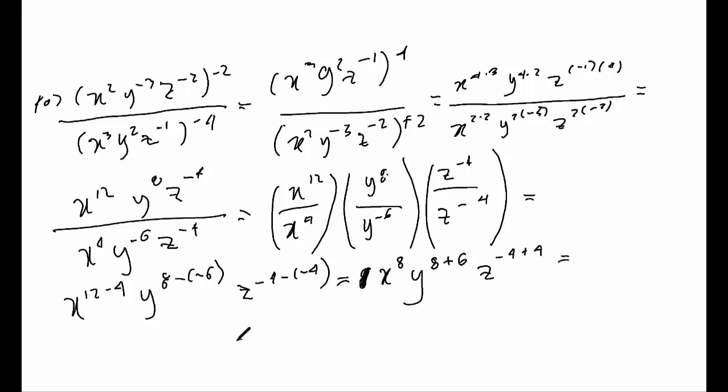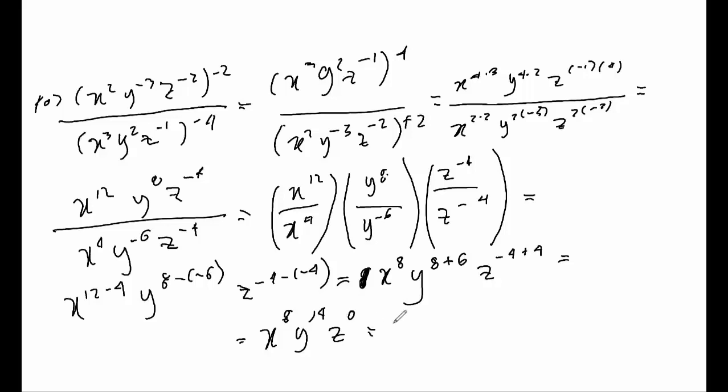And then I have x to the 8th. 8 plus 6 gives me 14, so that's y to the 14. And recall z, negative 4 plus 4 is 0. And remember, anything to the 0 power is 1.